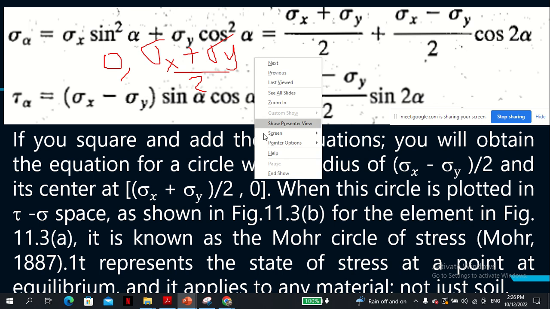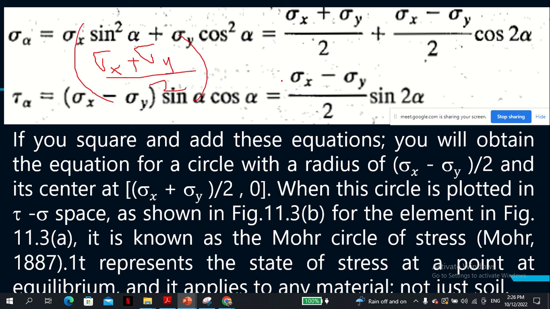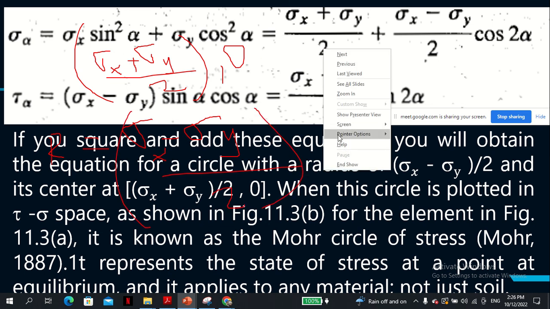So this is not accurate. Sigma x plus sigma y over 2 is the center. That is the x coordinate, 0, and the radius, in fact, is sigma x minus sigma y over 2. So this is where we are headed, and if you solve that equation, that's the point.